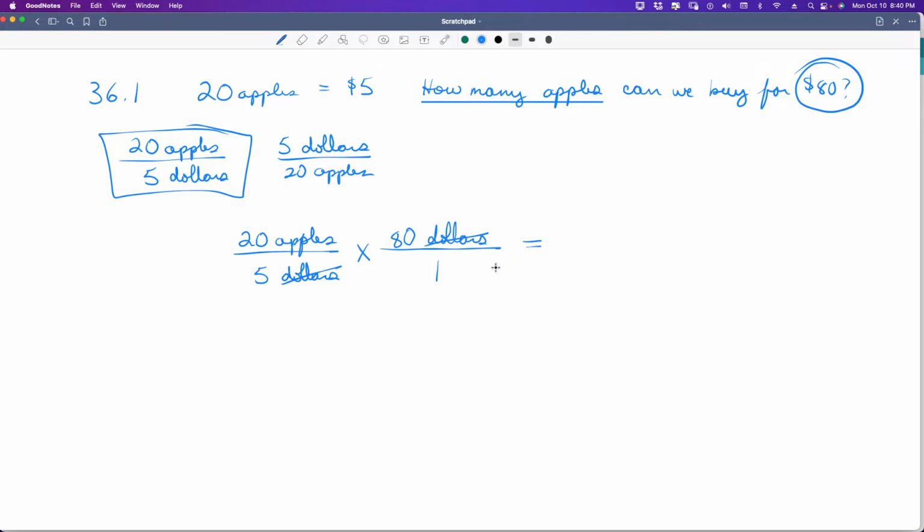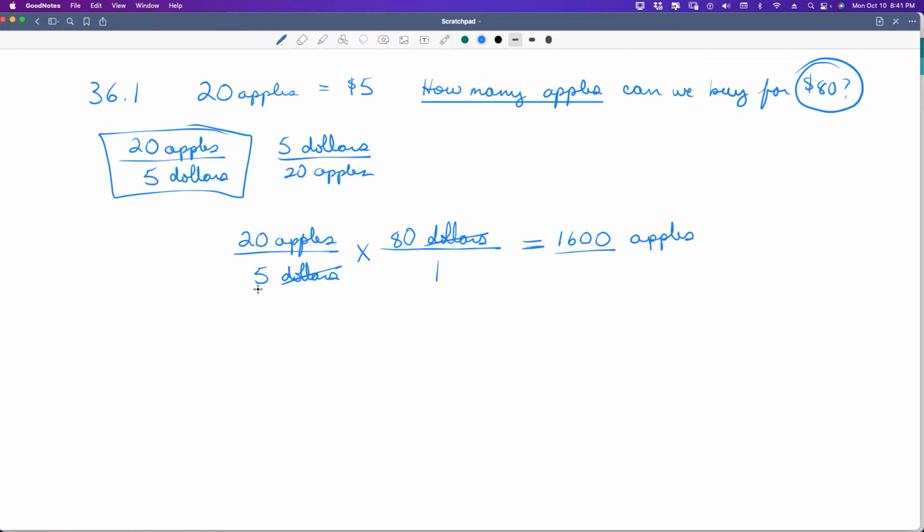So now we set this equal because that's all we have. That's all the information we need. And then we do the math. So we say 20 times 80. That is going to be 1,600. And that's the only unit of measure we have left is apples.